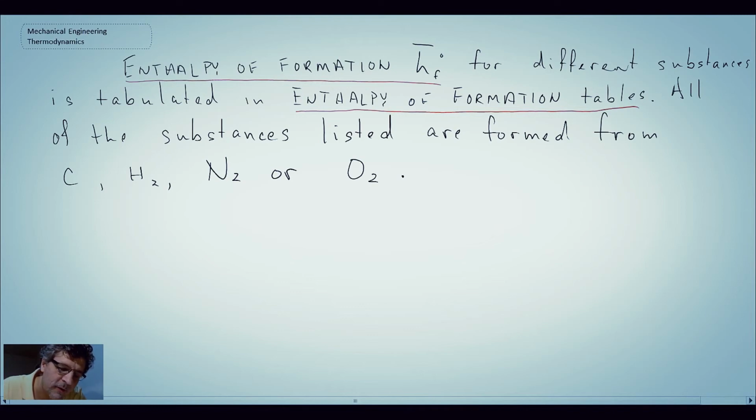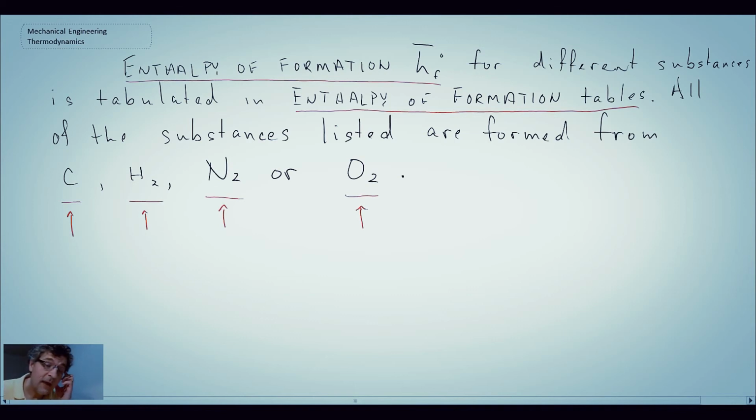You'll also notice that there will be values for carbon, hydrogen, nitrogen, and oxygen, which it turns out is what all of the substances that we have enthalpy of formation for are formed from. Interestingly, if you look in your enthalpy of formation table, you'll find that the heat of formation value for those four substances is 0. That's because everything is being formed from those, and consequently they are given the reference state value of 0.